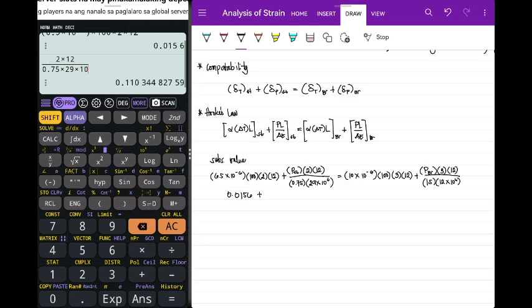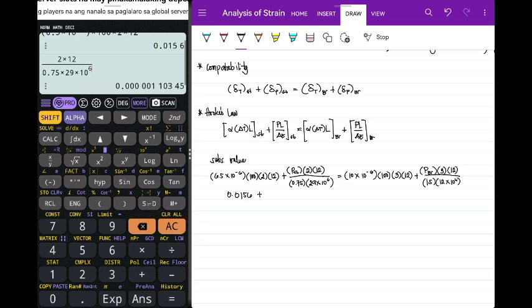Now I refer you to our calculator on the left. We substitute our values. So that's 6.5 times 10 to the negative 6, multiplied by the length.